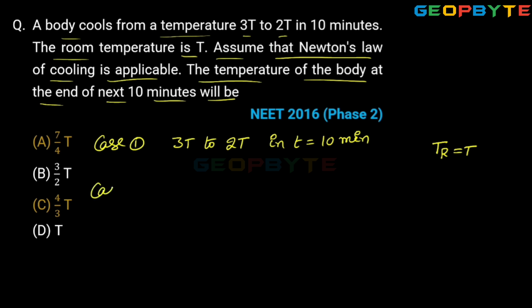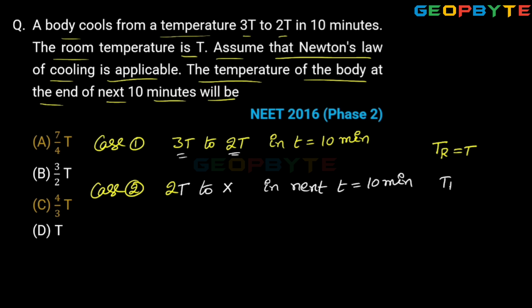That means in case 2, in the next 10 minutes, the temperature is falling from 2T. Already the temperature dropped from 3T to 2T. Then in the next 10 minutes, 2T to some X value. You don't know that value, you need to find it, in the next time period of 10 minutes.